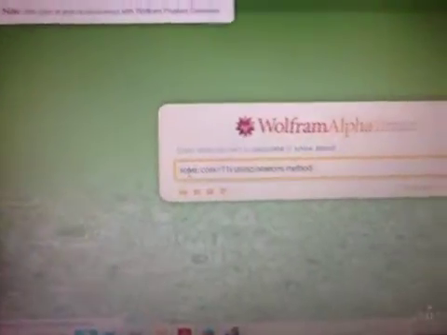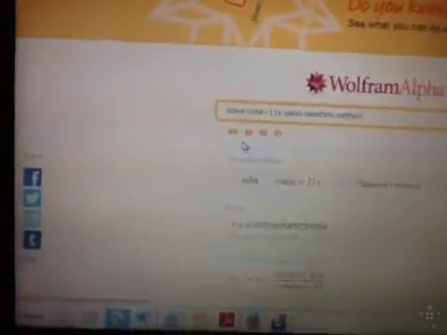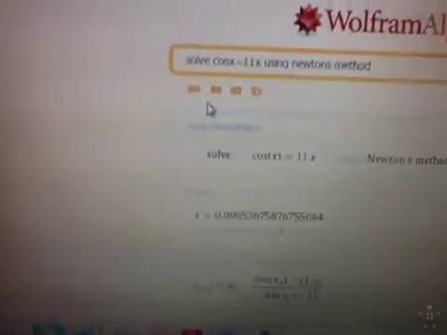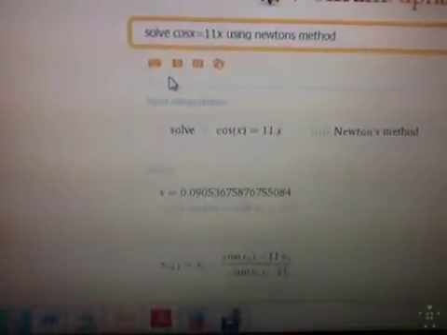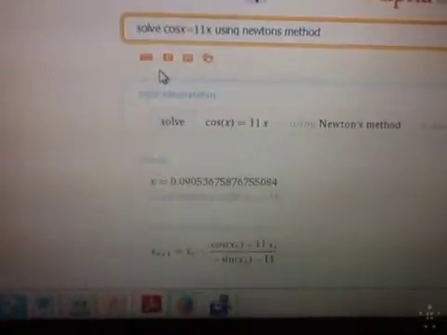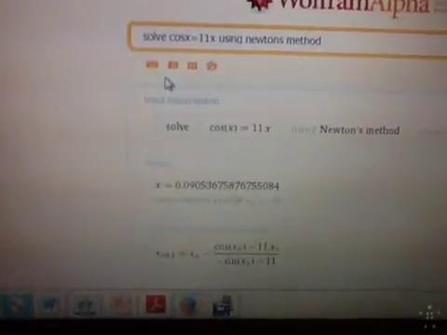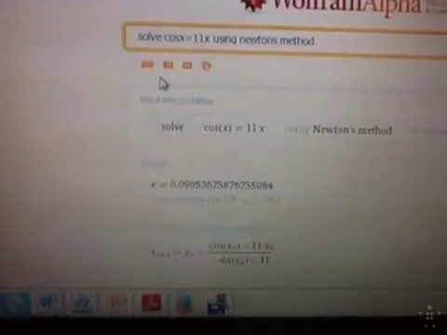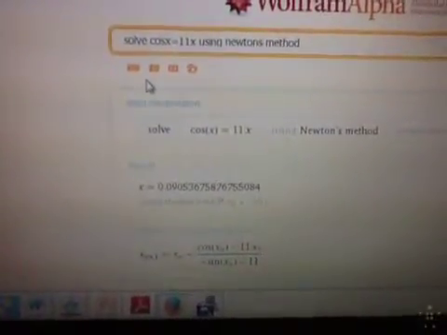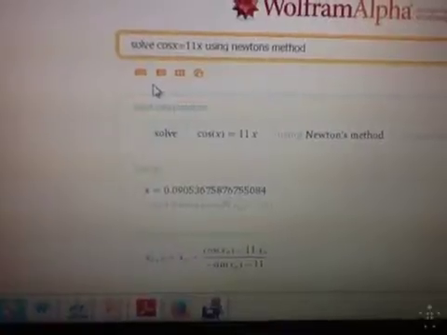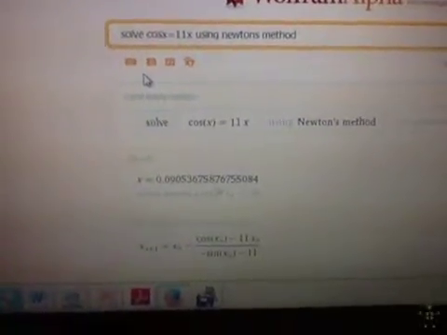Let's just see what it'll do for us. So when it's midnight and you have nobody to help you with your homework, always remember Wolfram Alpha is there. Let me zoom in on that. So you see, it says the result is x equals 0.09. And it even shows you what we had said earlier, that x sub n plus 1 equals x sub n minus the function evaluated at x naught, over the derivative evaluated at x naught.